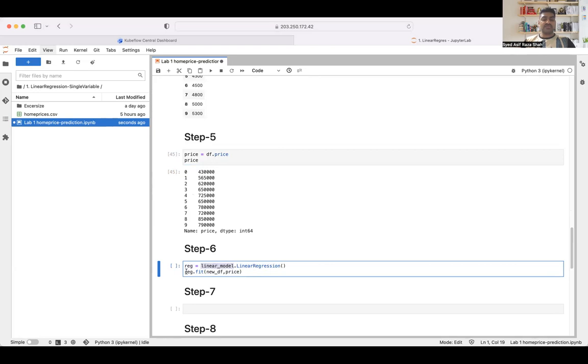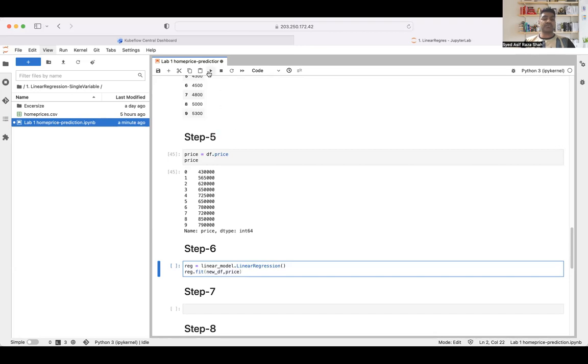Then, when you run it with the new data frame, your x is here and your y is here. So we are going to train the model based on our data x and y. Basically, x is area and y is price.